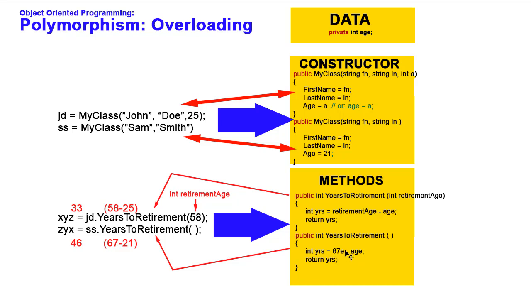Sorry, it should be 67 minus age. So 67 minus his 21 is going to return 46 years to retirement. So it uses whichever method can be applied based on the signature or the arguments being passed to it. So it's contextual.